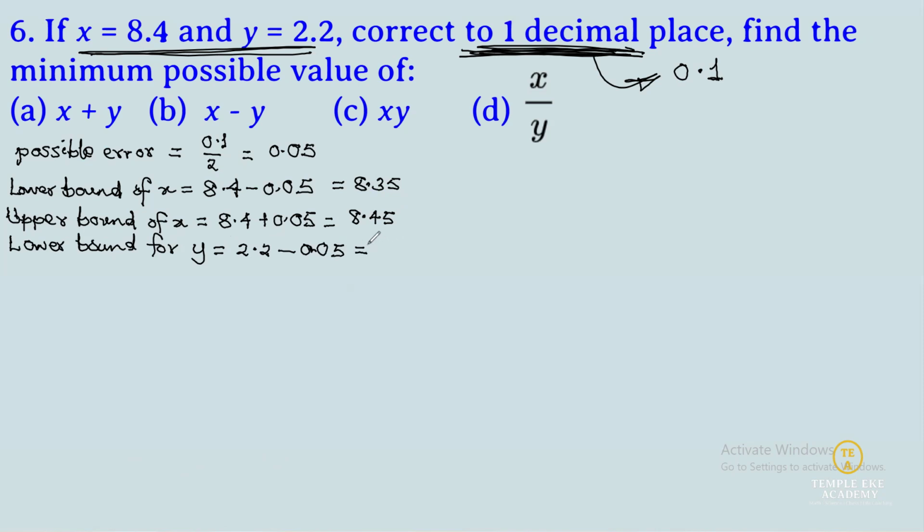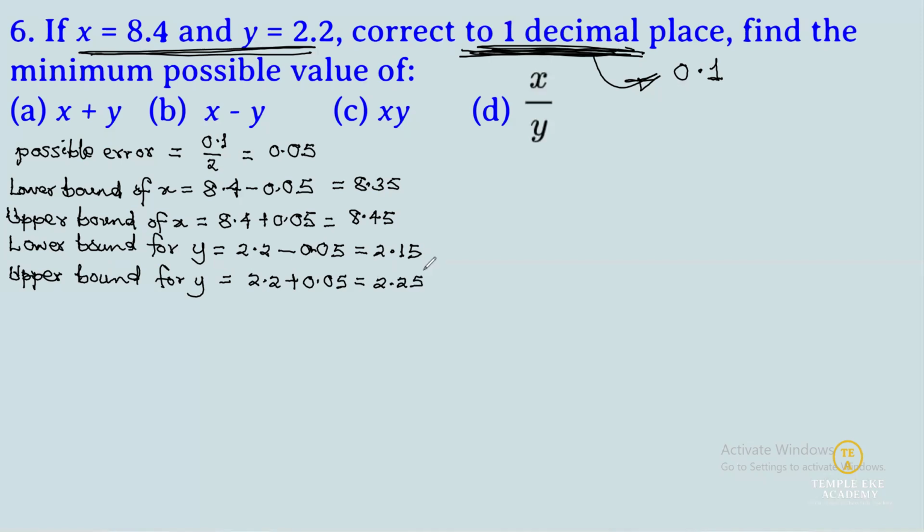And that's going to give us 2.15. And now the upper bound for y. That's going to be by addition, 2.2 plus 0.05. And this is going to give us 2.25, of course.